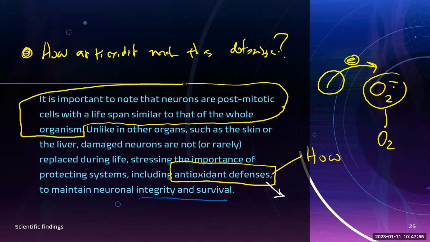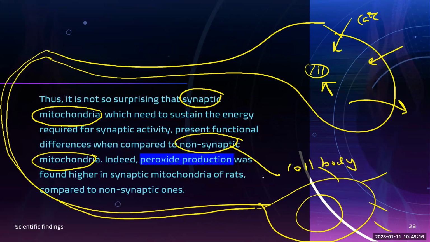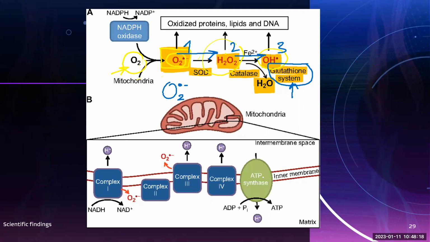So we will not be asked about these specific defense systems like the glutathione system, but you should write, if the defense system is asked, that it is an antioxidant mechanism. Antioxidants are any kind of system that can donate electrons to neutralize free radicals, right? Here another mechanism is given, like ferrous ions, two positive charges.